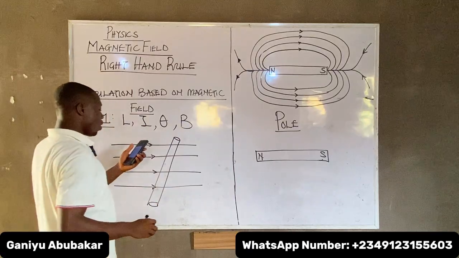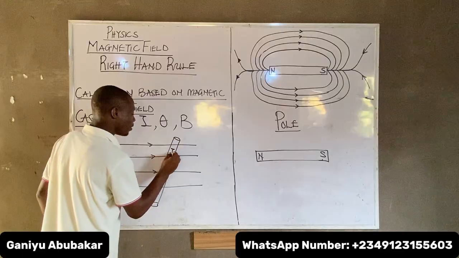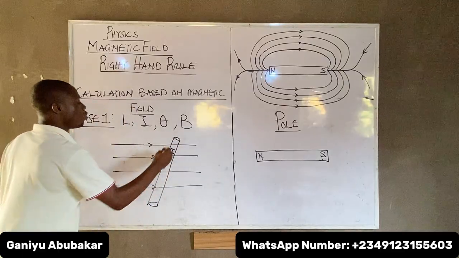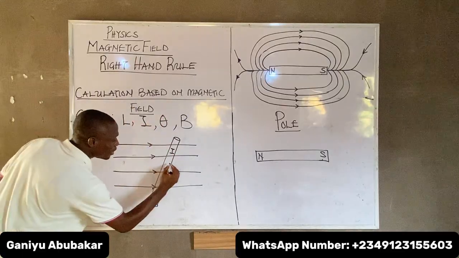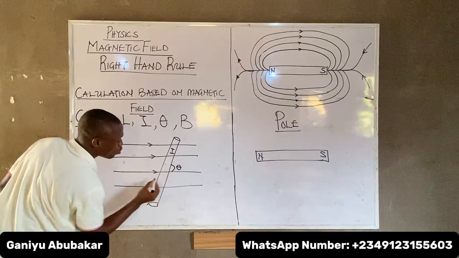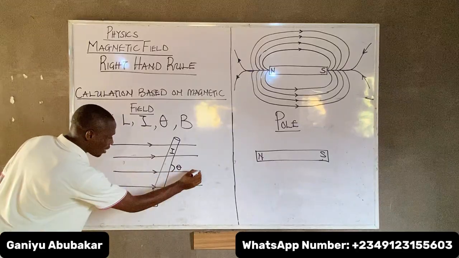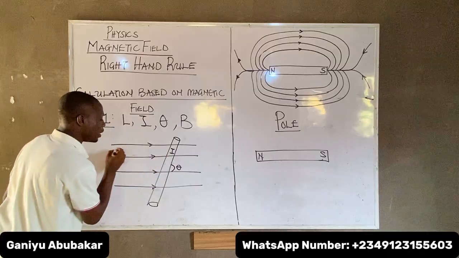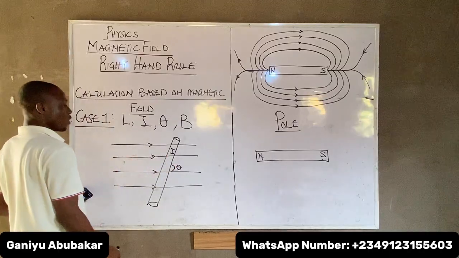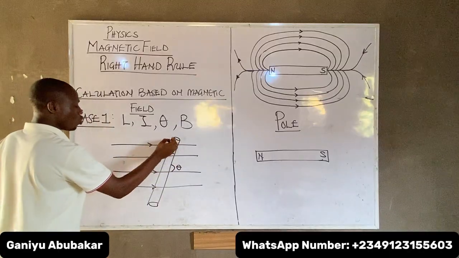So this conductor has in it a current I. This conductor is inclined at an angle theta to the magnetic field, as you can see. This magnetic field here, theta.